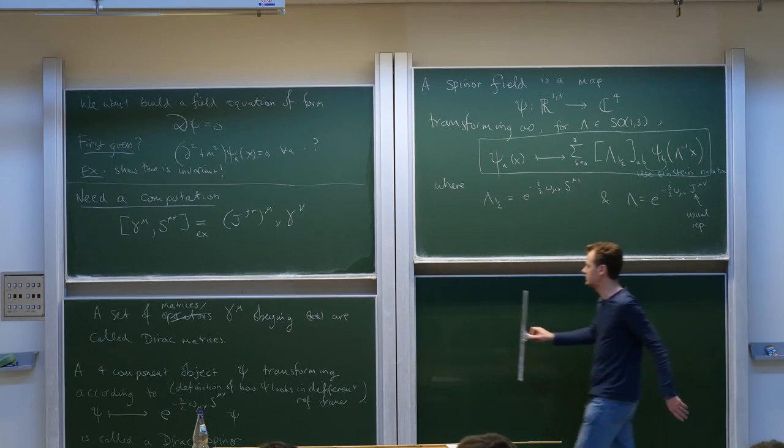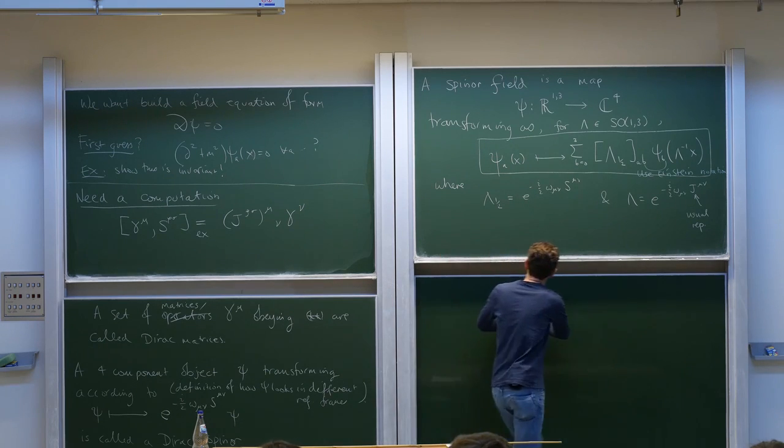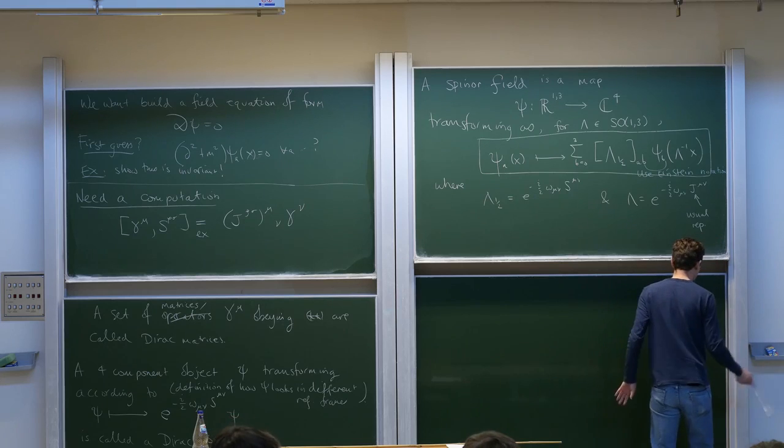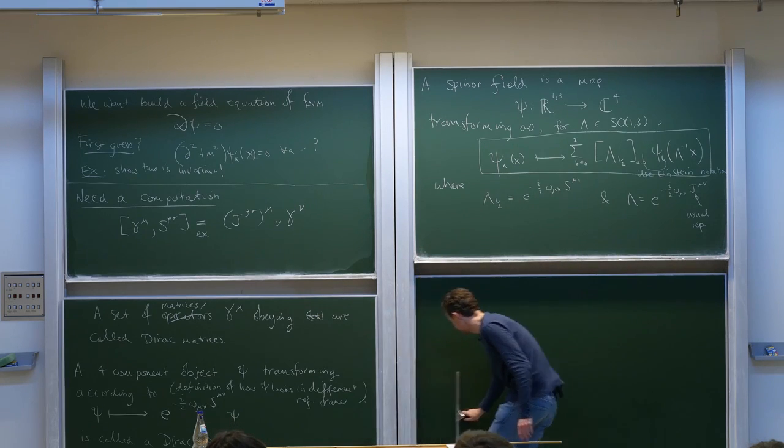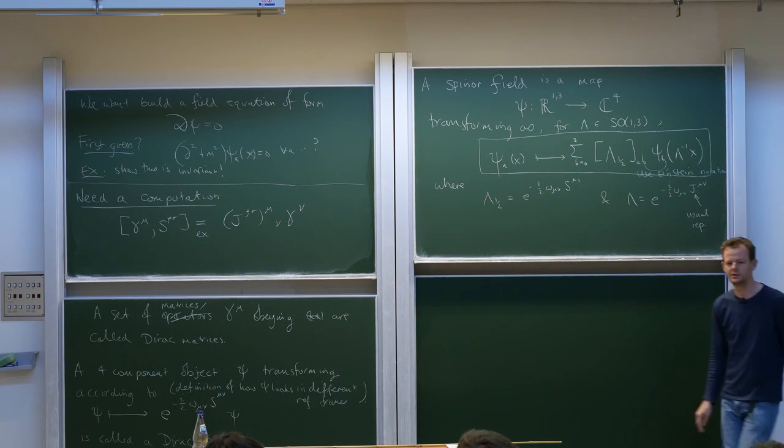What this equation is meant to make you think of is the transformation of vectors under Lorentz transformations. I admit it's slightly obfuscated.